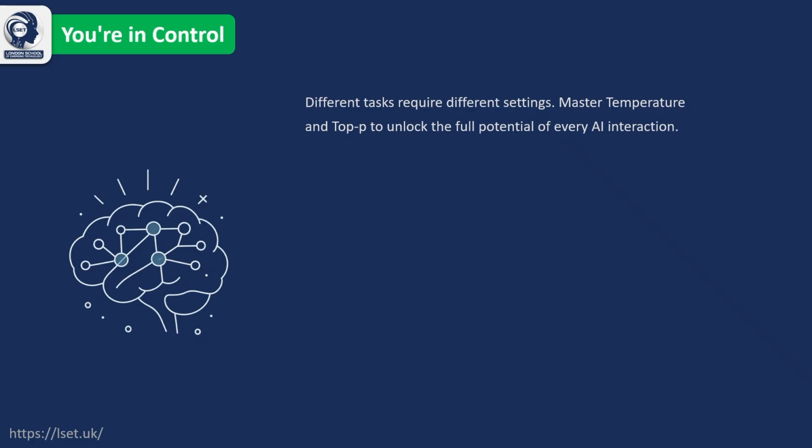And as we conclude this module, remember that there is no single setting that works for every task. The key to effective prompt engineering is understanding when and how to adjust temperature and top P based on your objective. For tasks that require precision, choose settings that produce focused and consistent responses. For creative work, use settings that encourage greater diversity and originality.